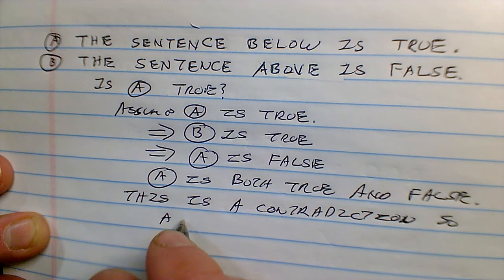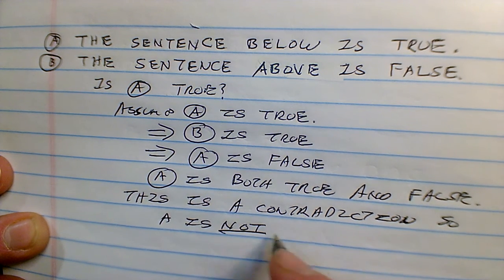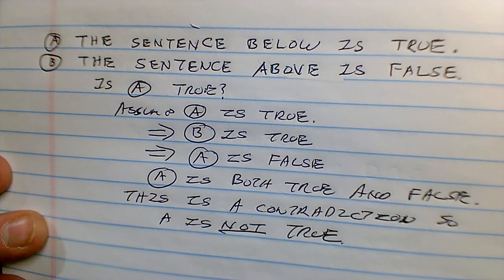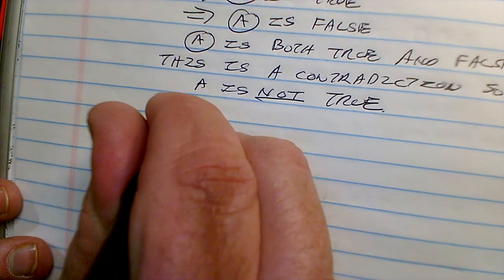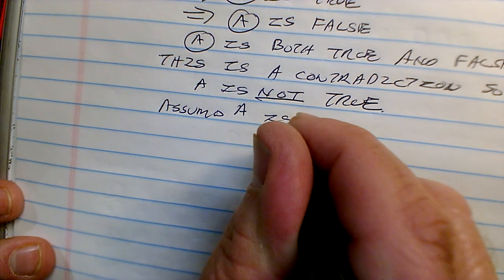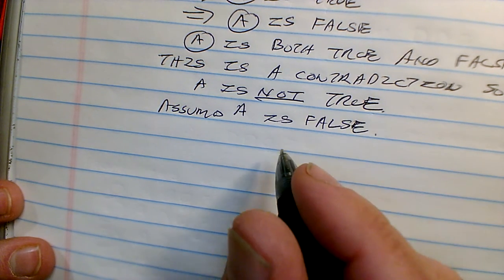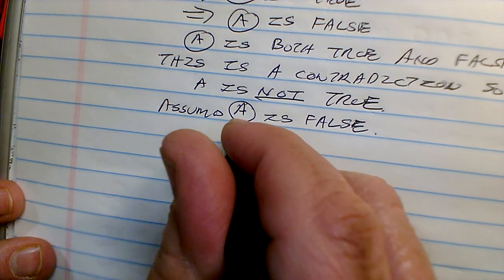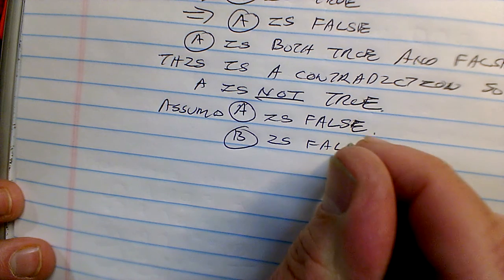So A is not true. Well, I guess that might lead us to believe then that A is false. If we then assume A is false, then what do we know? B is false.